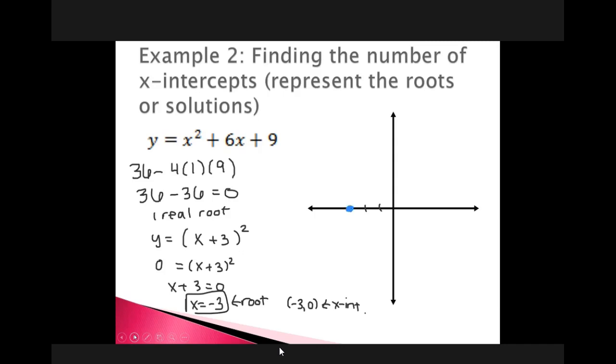My y-intercept is at 0, 9. So we also know we have a point 3 to the right and up 9, which means I have a point 3 to the left and up 9 as well.